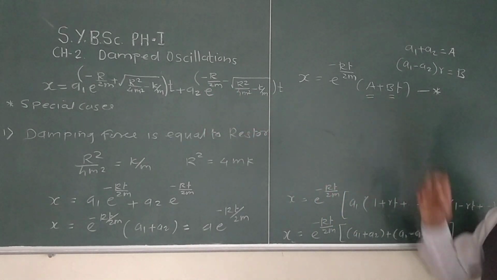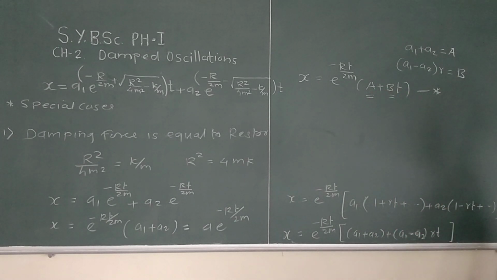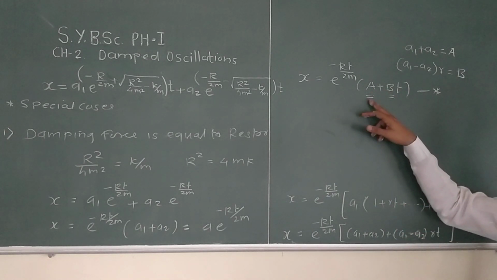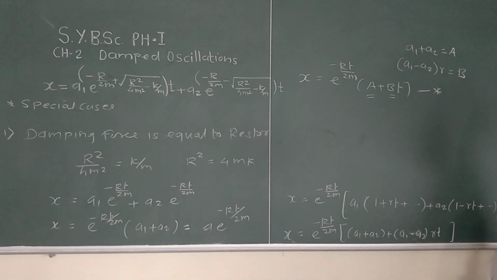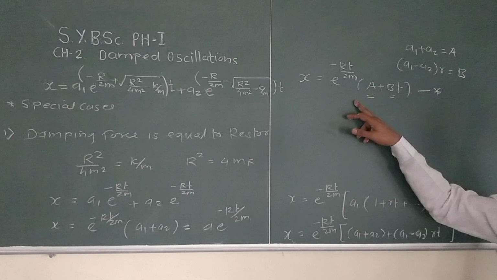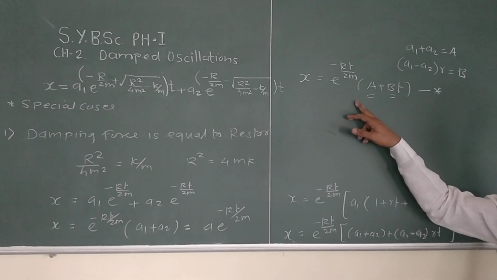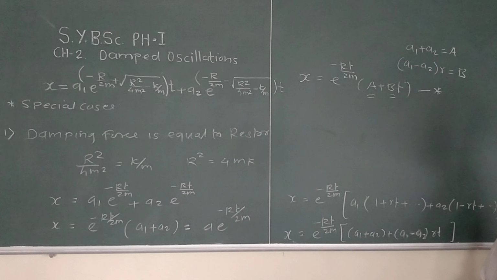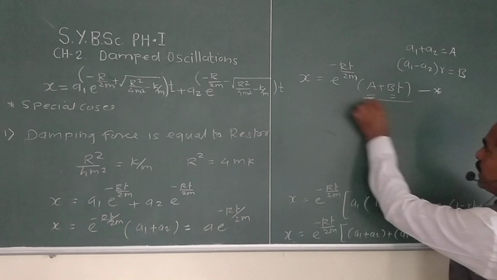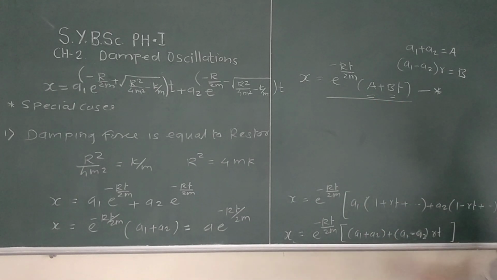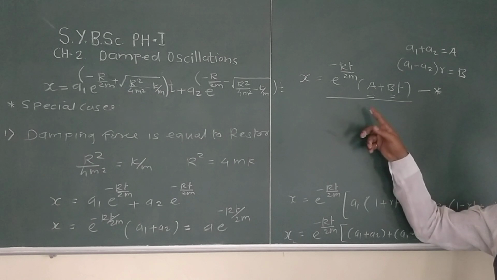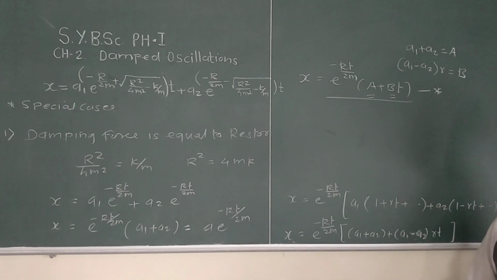Now when we obtain this solution which contains the two constants A and B, in this situation the oscillator comes to equilibrium position immediately, without undergoing oscillatory motion.